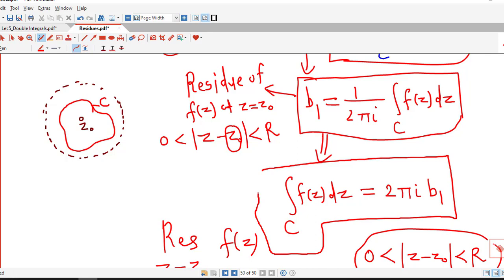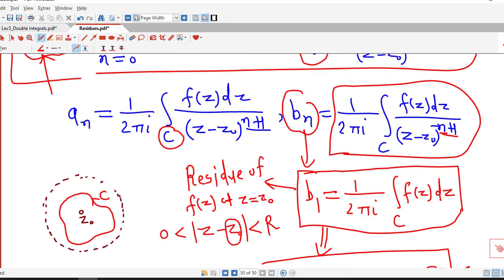So using this formula, we can evaluate this type of integral where f of z has a Laurent series expansion in the punctured disk with center z0. So here we have to calculate the residue of f of z at z equal to z0, and that we can find using the Laurent series representation. So this is helpful in evaluating this type of integrals also.